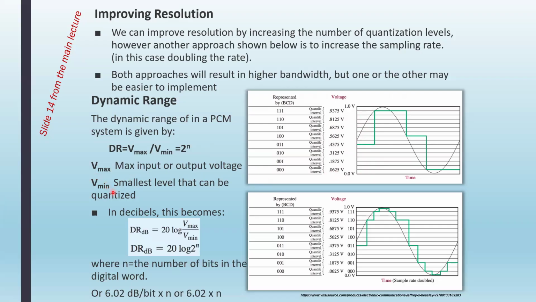And there are some formulas here in decibels. The dynamic range in decibels will be 20 log, because we're dealing with voltages, of the ratio between the maximum change to the minimum change that we are able to notice within the signal.